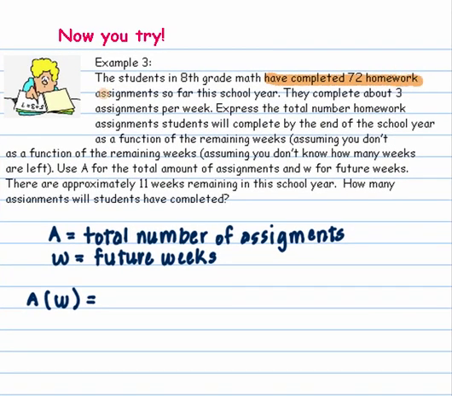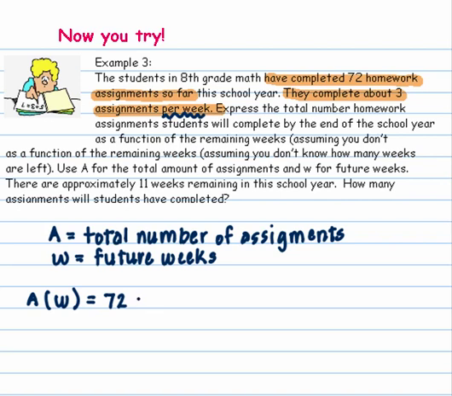Now we need to go back into the problem and find out what expression we need to put after our equal sign. It says that they've completed 72 homework assignments already. So we'll start our equation with 72. This problem then says they complete about 3 assignments each week.